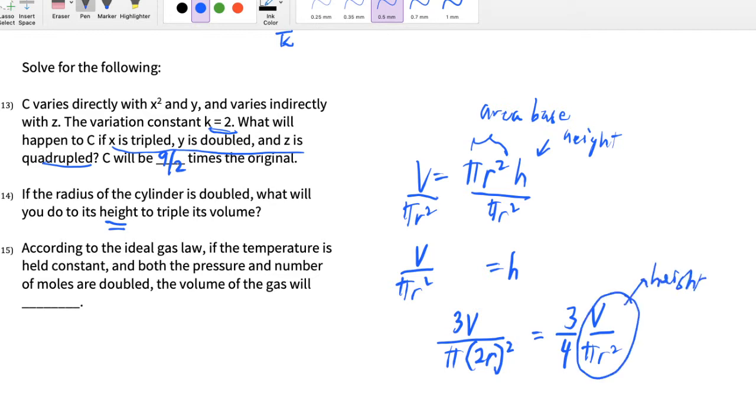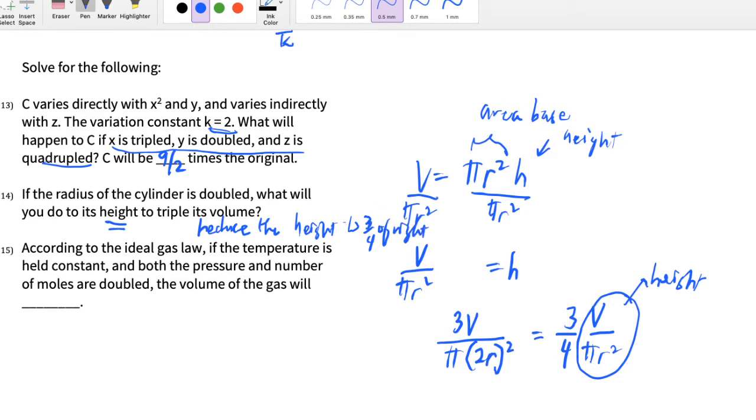Para mag-triple ang volume and mag-double ang radius, kailangan mo kunin yung 3/4 ng height. Okay? Or, in this case, reduce the height to 3/4 nung original. Okay? Or reduce by a quarter.